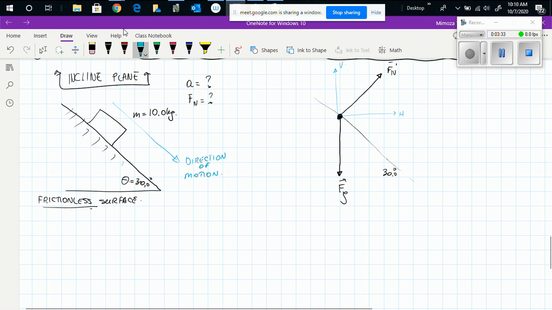But what we do now is rotate those axes so that the horizontal axis is along the direction of the motion. The direction of the motion is along the surface, so we make a new horizontal axis like this, and then the vertical axis, since we are rotating them, will be this way.